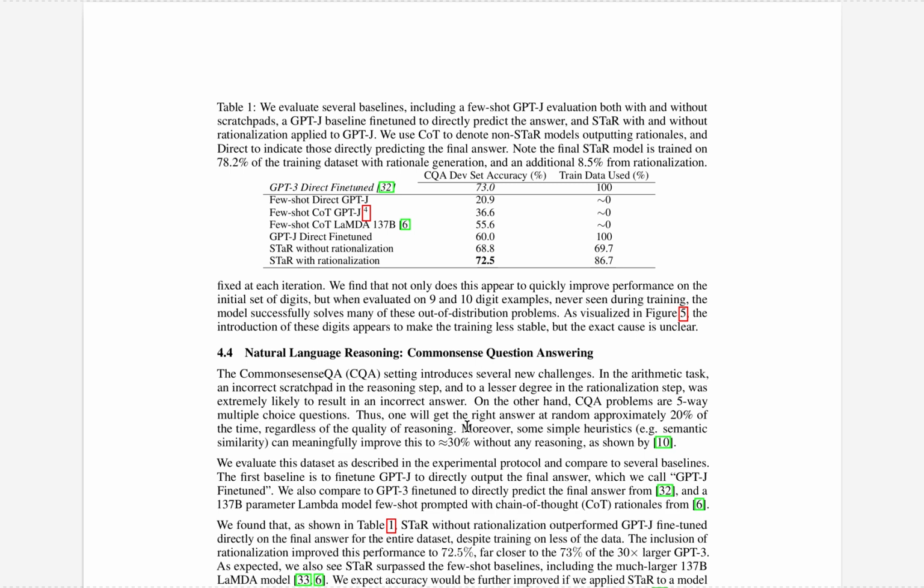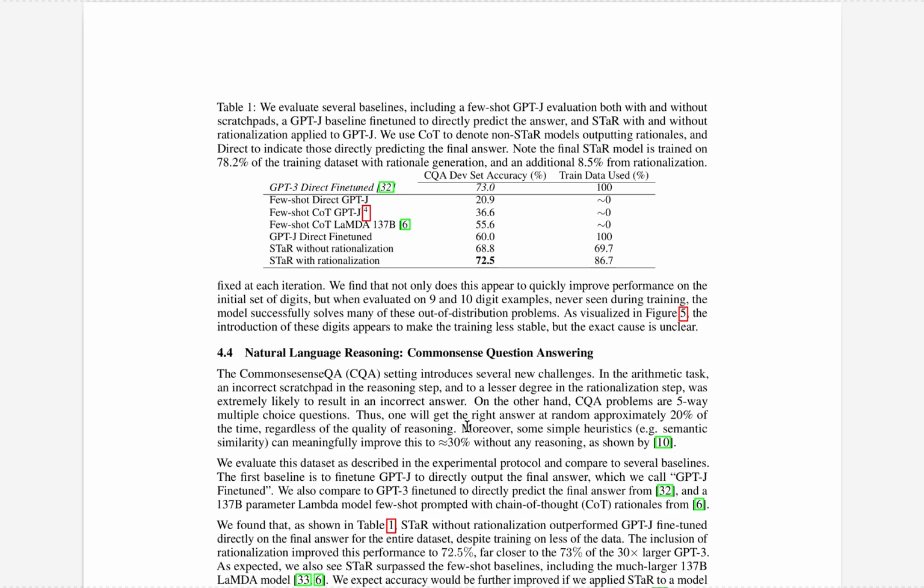Note the final STaR model is trained on 78.2% of the training dataset with rationale generation and an additional 8.5% from rationalization. So STaR with rationalization outperforms all the other methods.